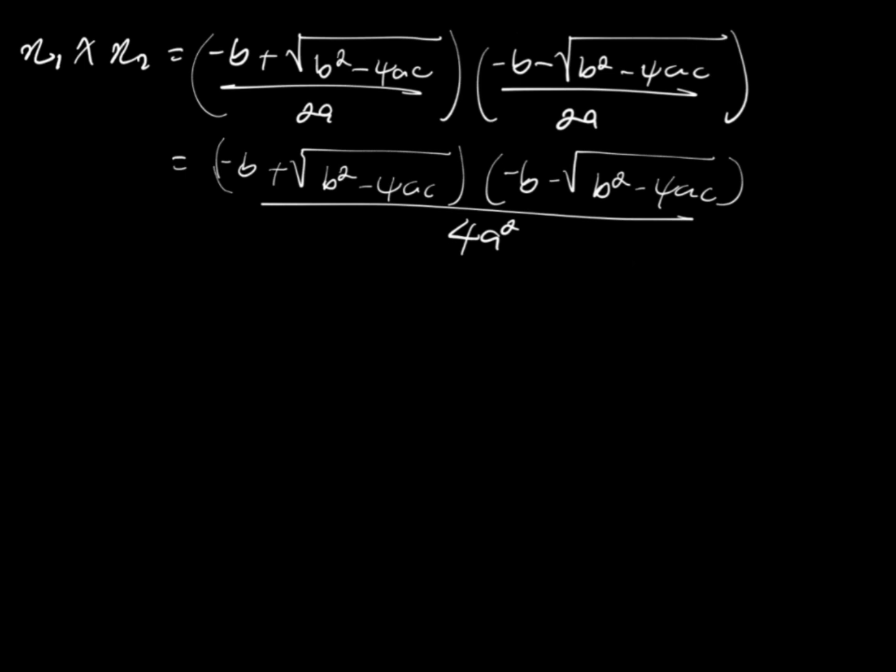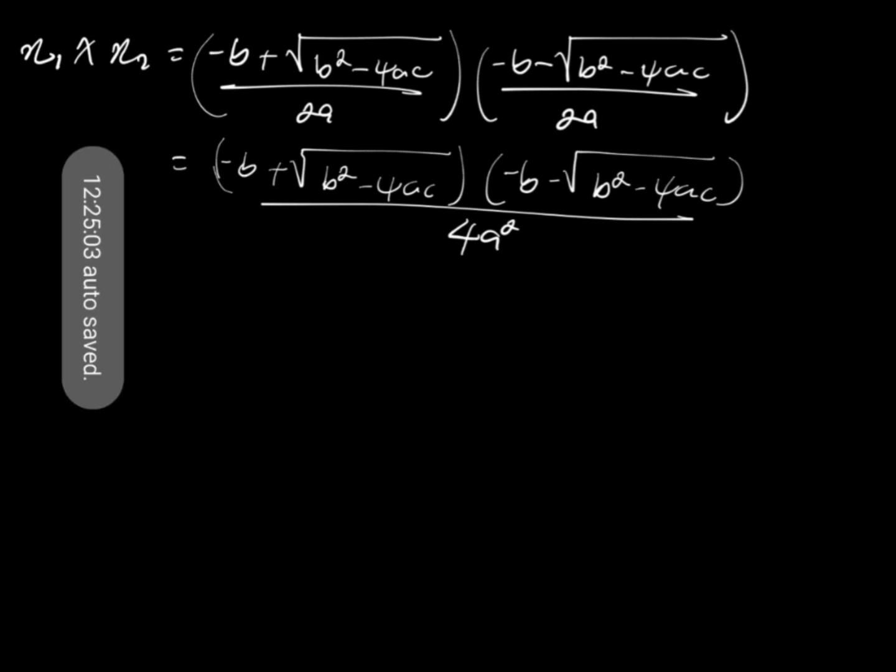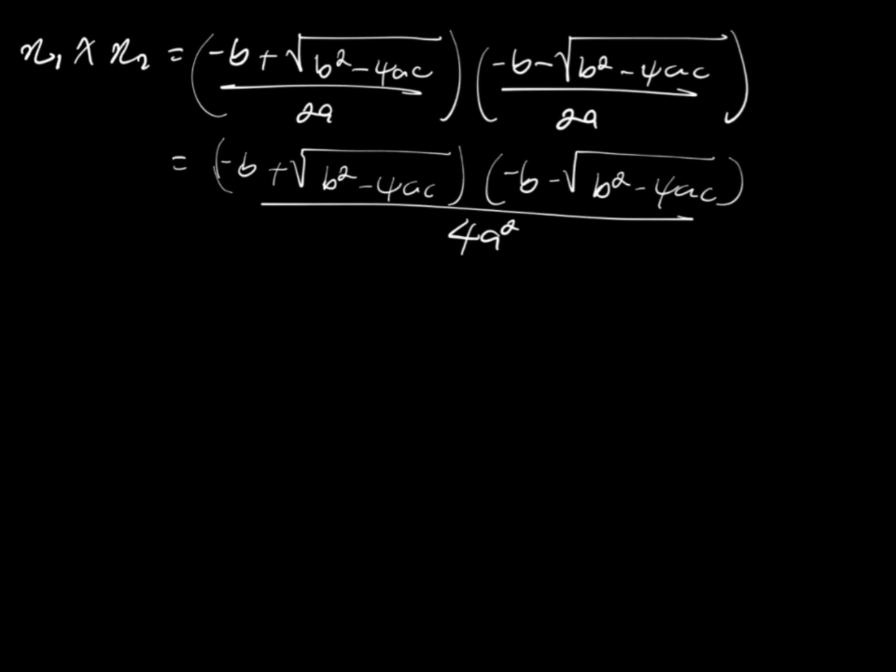Having done so, the next thing I'm going to do is look at the upper operation. This is the same as an operation of the kind a squared minus b squared, which leads to a plus b times a minus b.